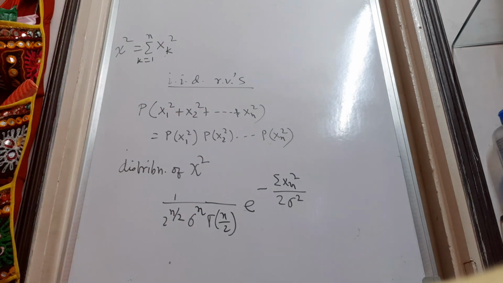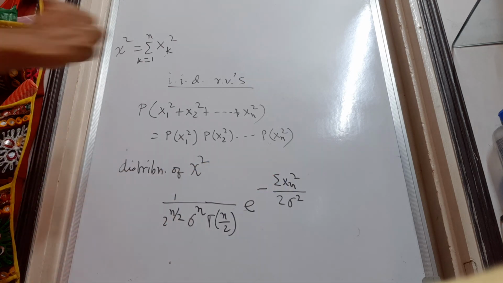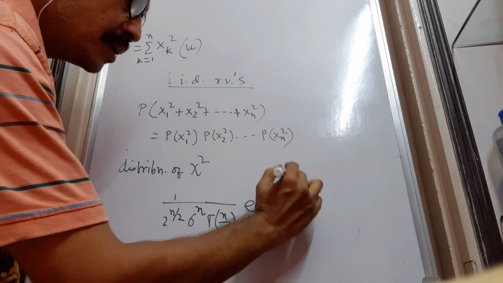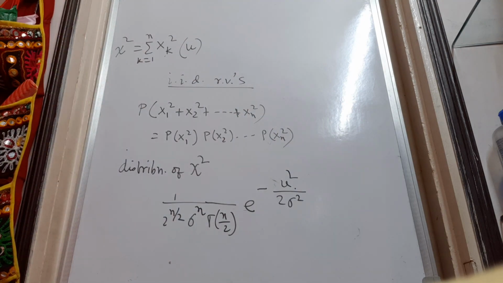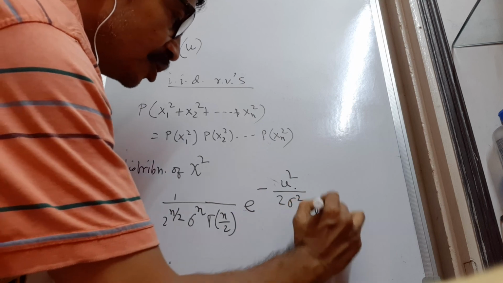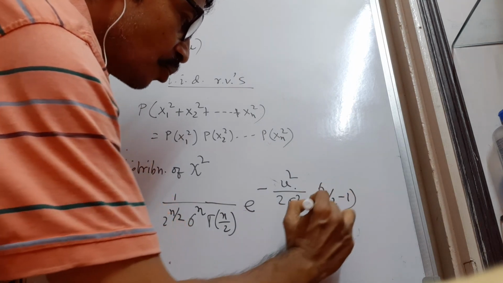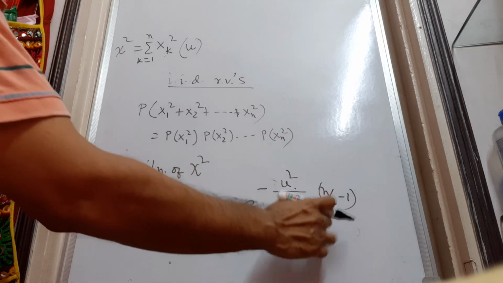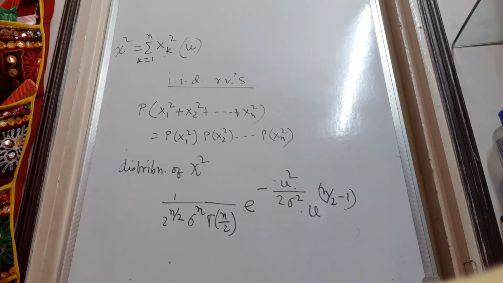This is e to the power x1 square into e to the power x2 square into e to the power x3 square dot dot dot into e to the power xn square, which gives us e to the power minus summation xn square, and we replace this with u, the chi-square distribution variable, and then we have u to the power n by 2 minus 1, because remember that we have y to the power minus half there and it is multiplied. So, we have u to the power n by 2 minus 1, and this gives the chi-square distribution. I hope you can understand.